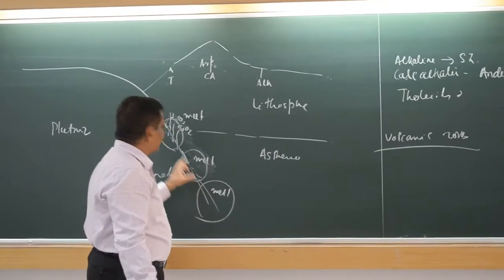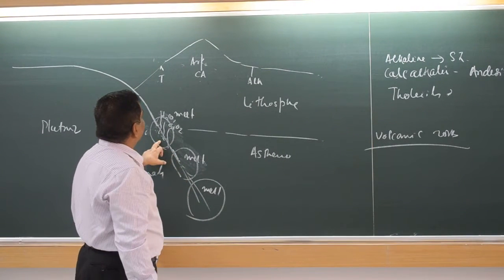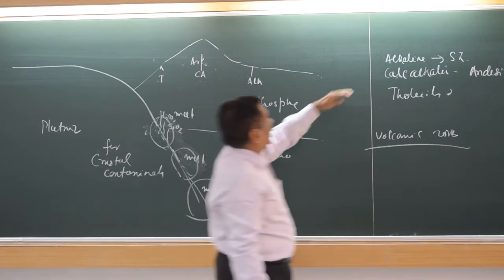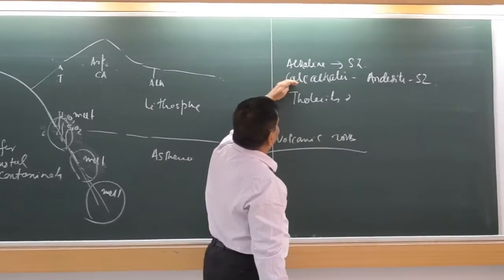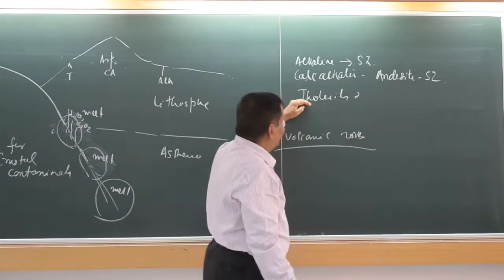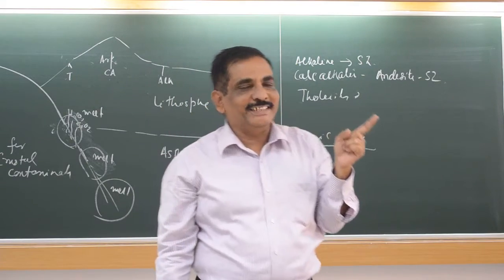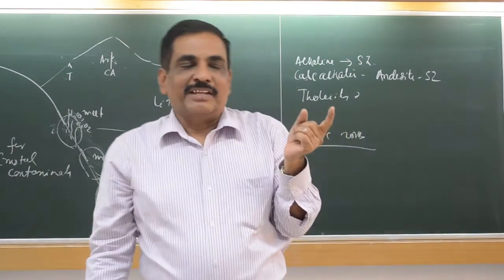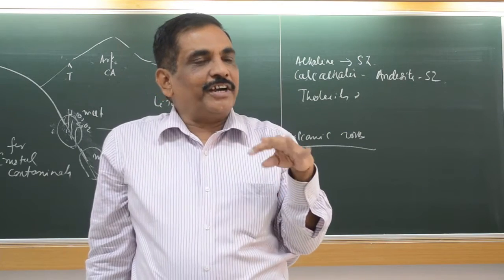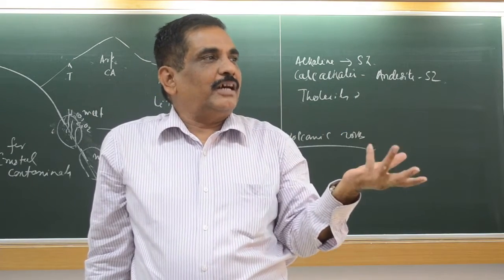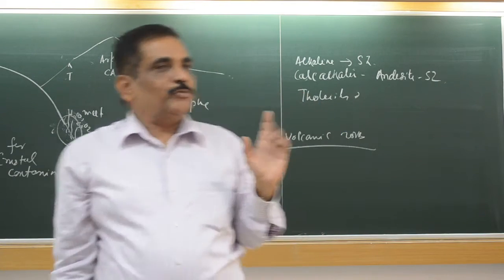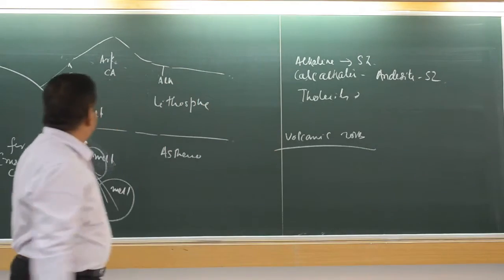What was there here? So now, as I told you, if you get an alkaline rock, or a tholeiite, how to distinguish whether it is in a rift setting, whether it is in a subduction zone setting, or it is in a continental setting. See, one which is generating from subduction zone is coming from here.